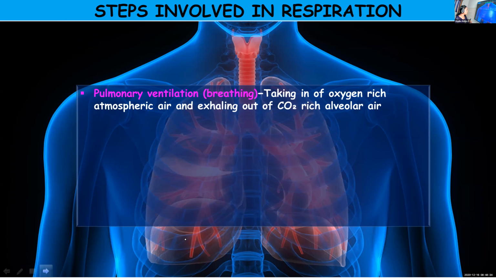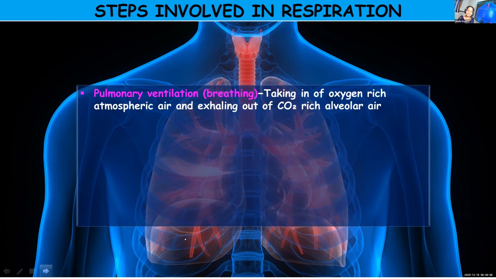Taking in of oxygen and giving out carbon dioxide, or else you can say taking in of oxygen-rich atmospheric air. Oxygen has to be taken from the atmosphere, and the carbon dioxide will be removed from the alveoli. How is it reaching the alveoli? From different parts of your body. In each and every cell, respiration takes place, or oxidation of food materials will take place, and as a byproduct, carbon dioxide will be produced in each and every cell.